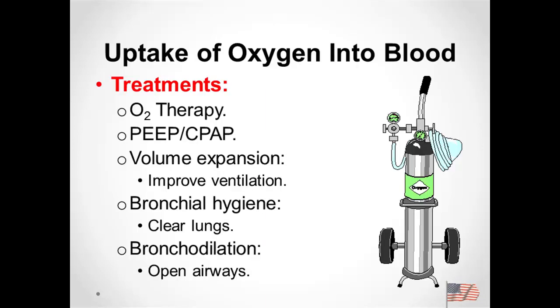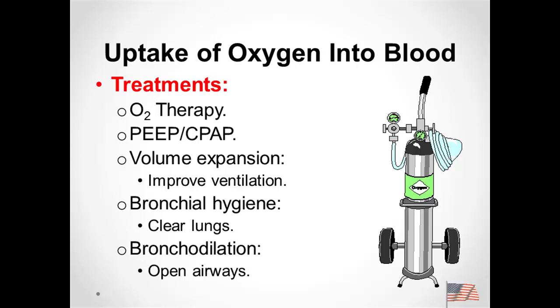Novel idea, if their oxygen is low, we use oxygen therapy. Scary. But remember, in certain causes of hypoxemia, i.e. shunt, it becomes refractory to oxygen therapy. You need to look at something else. That's where we're going to get into using PEEP and CPAP.